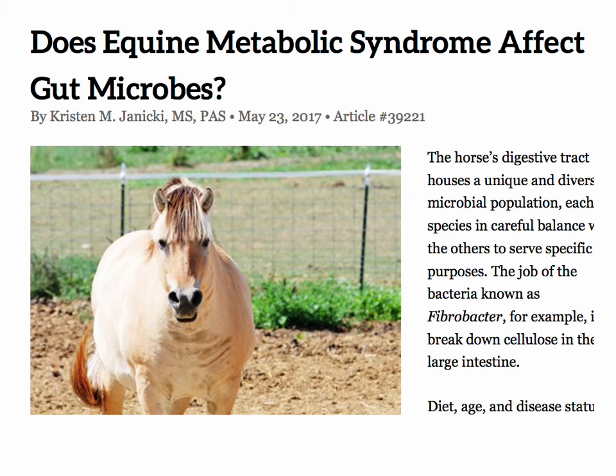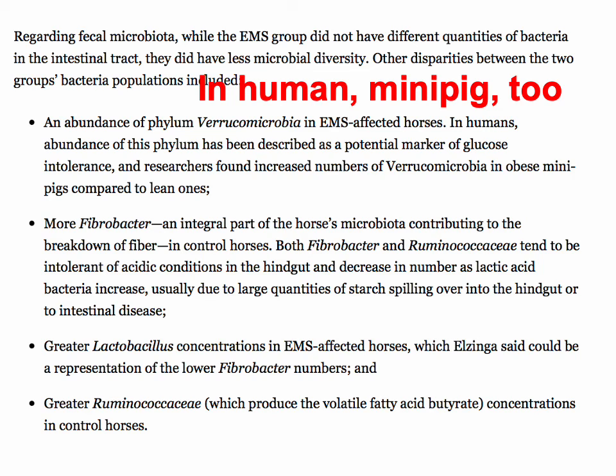Even the equine metabolic syndrome is caused by an abundance of phylum Verrucomicrobia, and a change of the concentration of Fibrobacter, Lactobacilli, and Ruminococci. Very similar can be found in human and mini pig too.